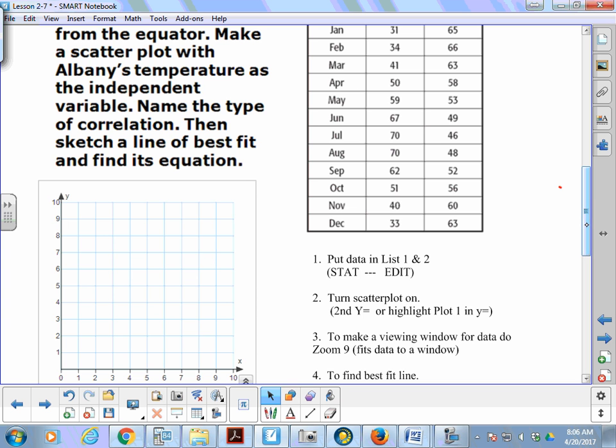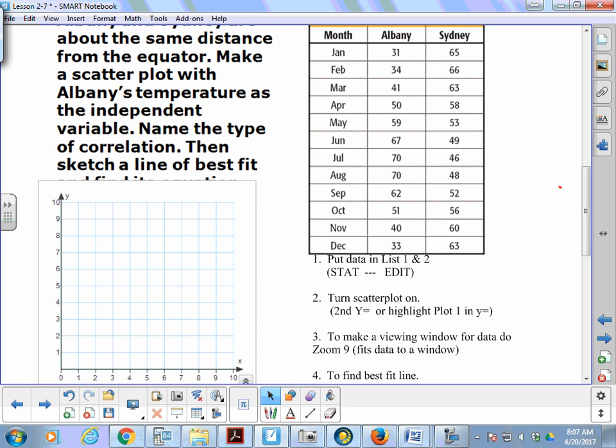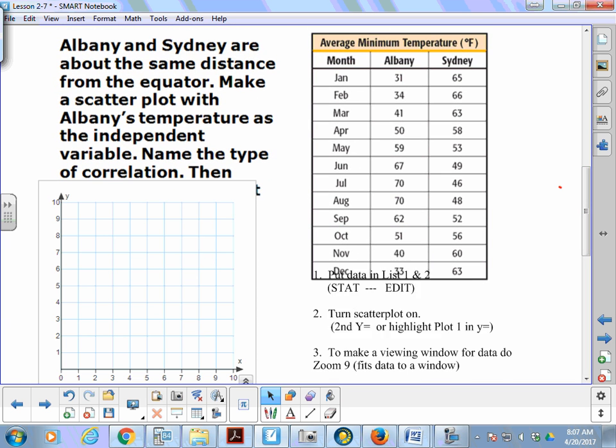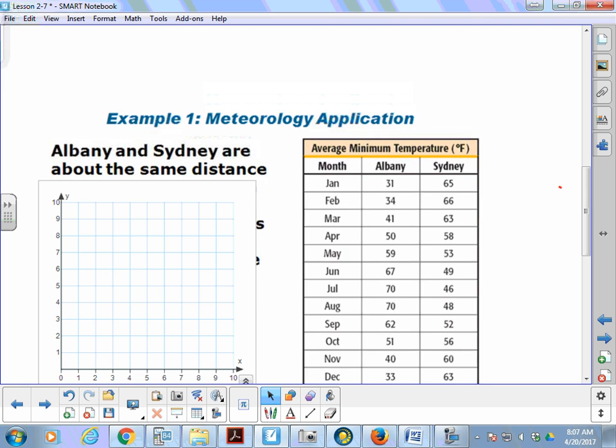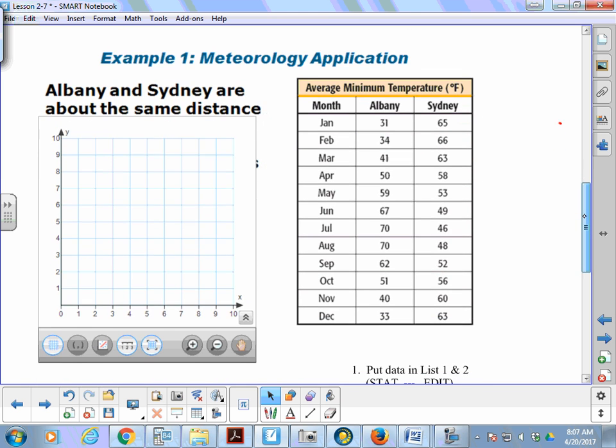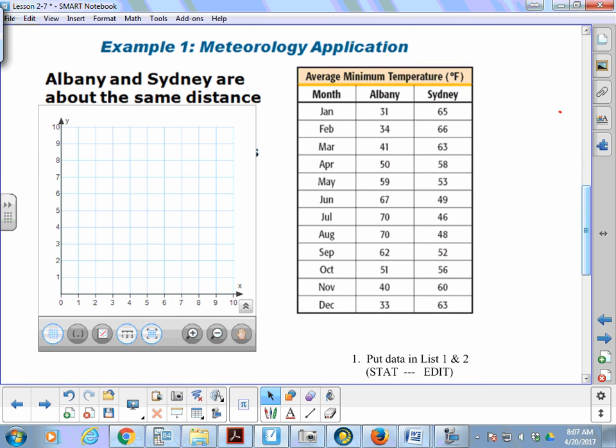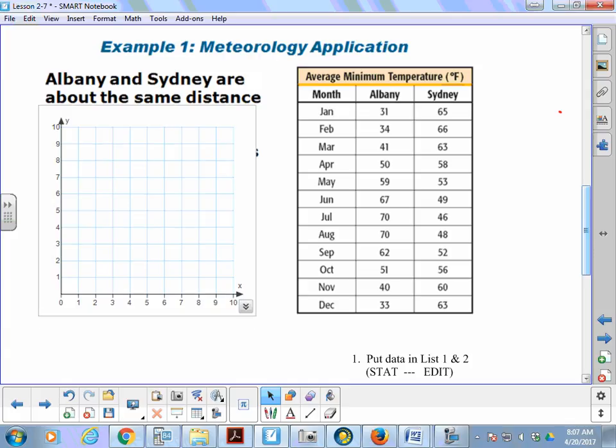So let's see if I can do it. So we need to draw a graph. They're all positive, so we just need the first quadrant. And we're going to go ahead and plot those points.